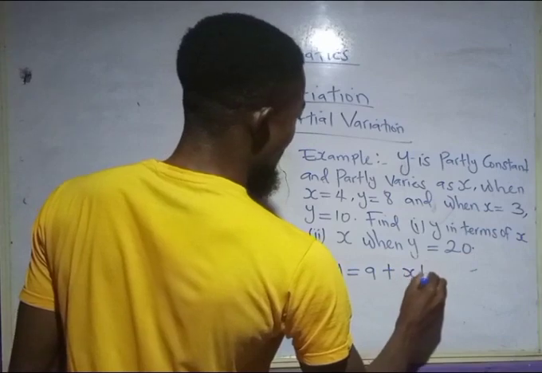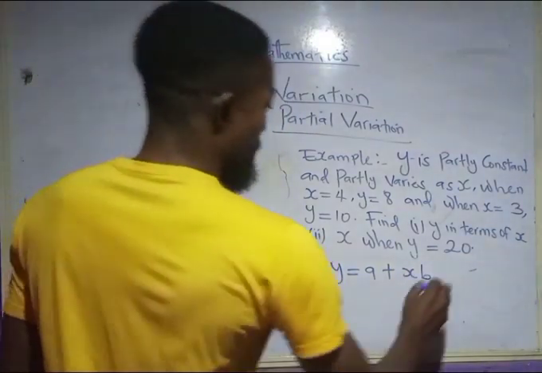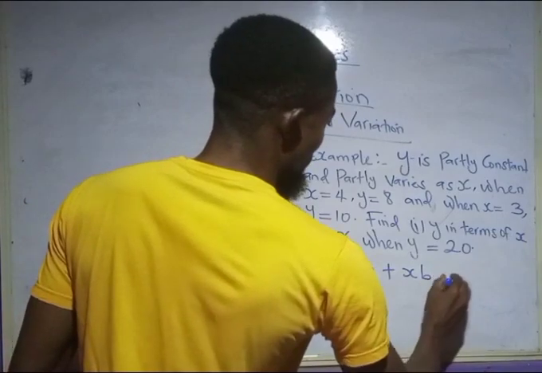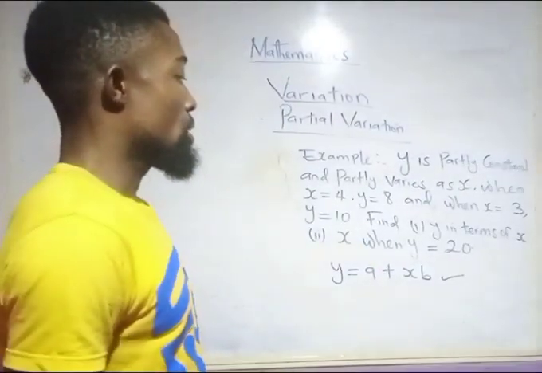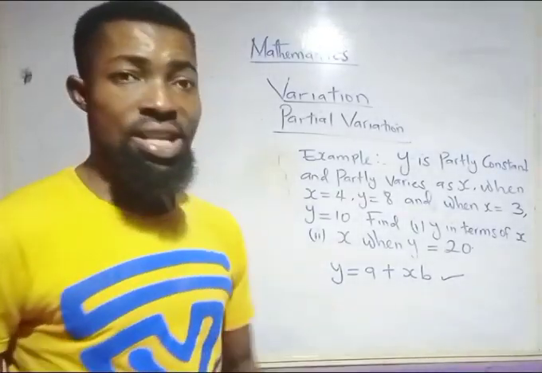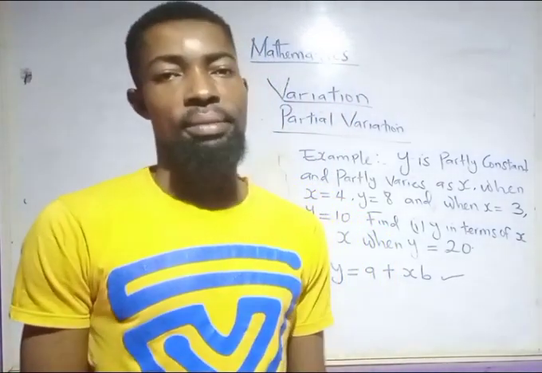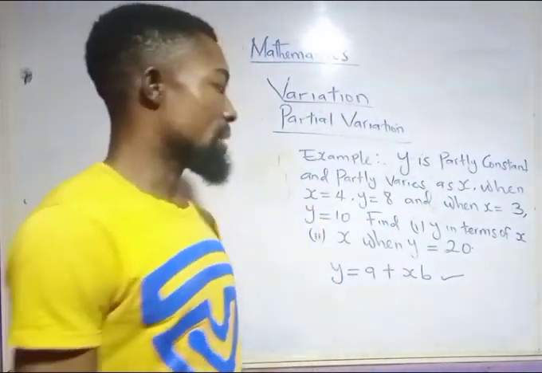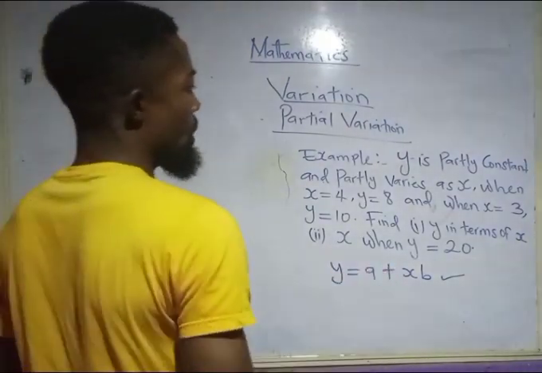Let's use b as our second constant. So the expression is y is equal to a plus xb, where a and b are constant numbers. This is what we're going to use to solve everything. Do you get that? Yes. Please follow me.